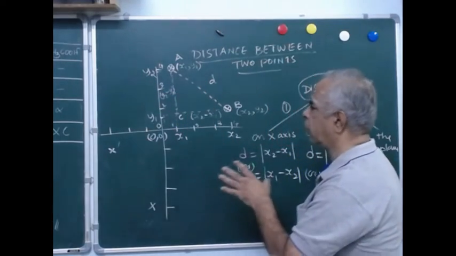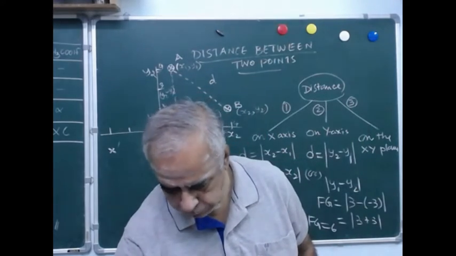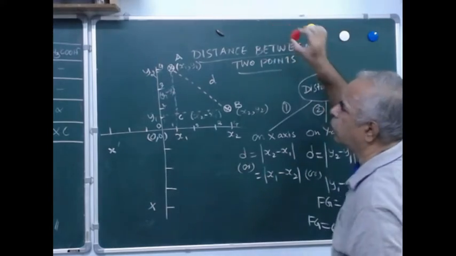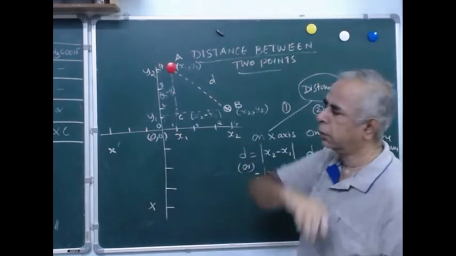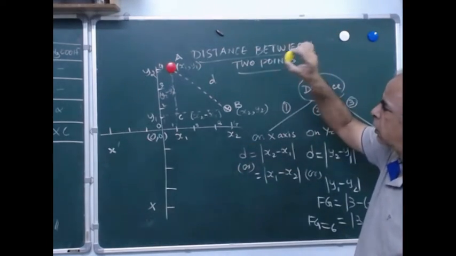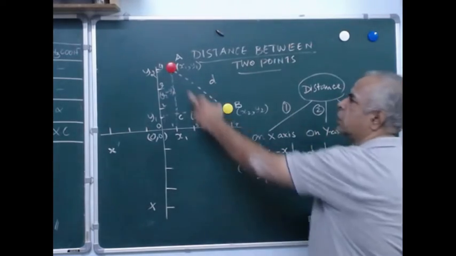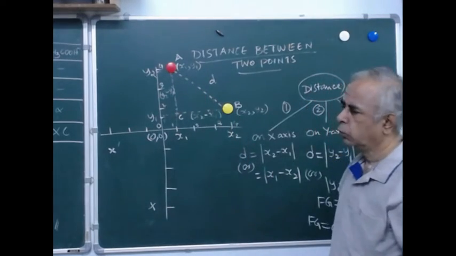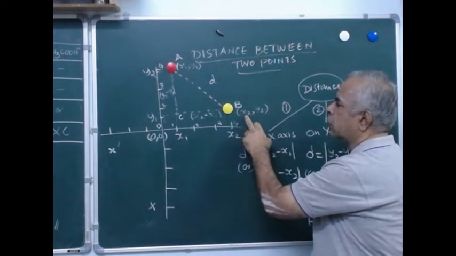So for simplicity, we will take x1, x2. Now consider this point. Let me take this red point. This is A. Got it? And let me take this y point. This is B. Now we want to calculate the distance between them. How to represent this point? x2, y2.